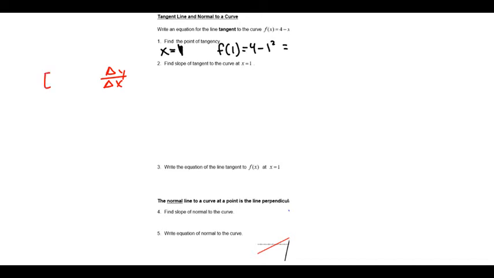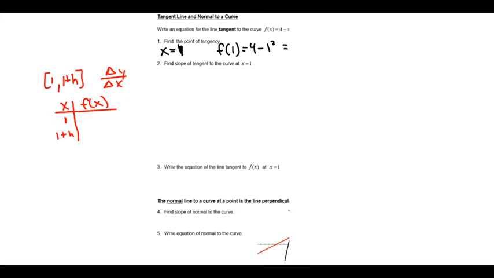So we'll start at 1, and we'll go to some value 1 plus h. So if we make a table, x and f of x, we know that we're going to start at 1, and we're going to go to 1 plus h.